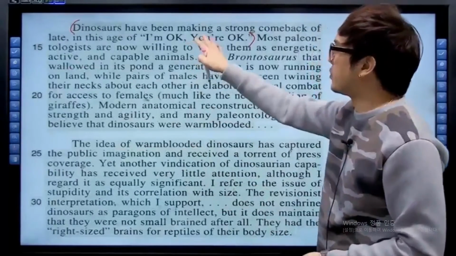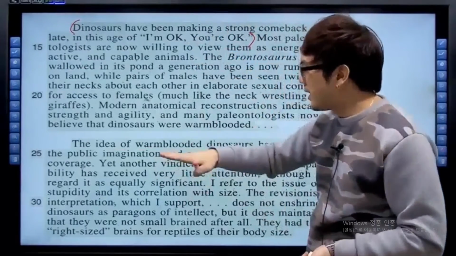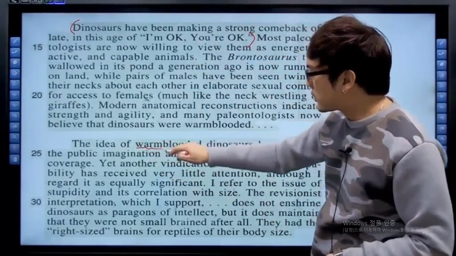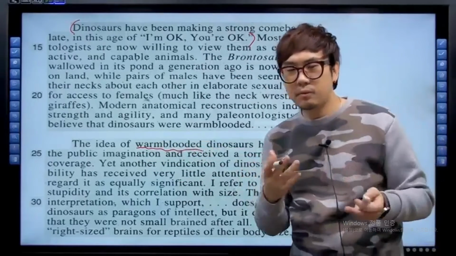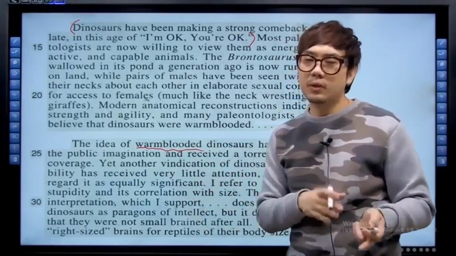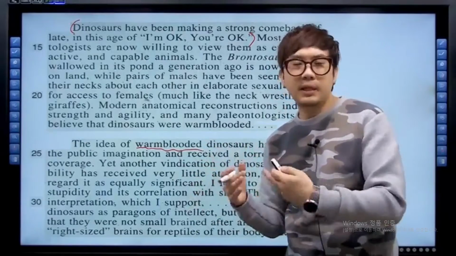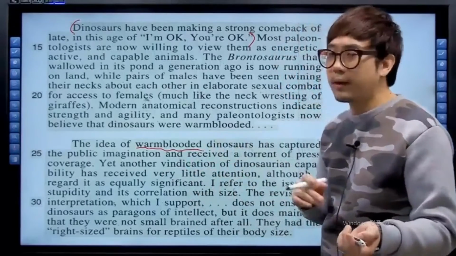And then it says dinosaurs have been making a strong comeback of late, as in, yes, it's been changing, and the idea of warm-bloodedness. So the first thing is the warm-blooded dinosaurs. Warm-blooded meaning that it wasn't really a lizard. It was lizard-looking, but it wasn't a lizard, so it should have had a better mental capability than the lizards, or cold-blooded animals would have.